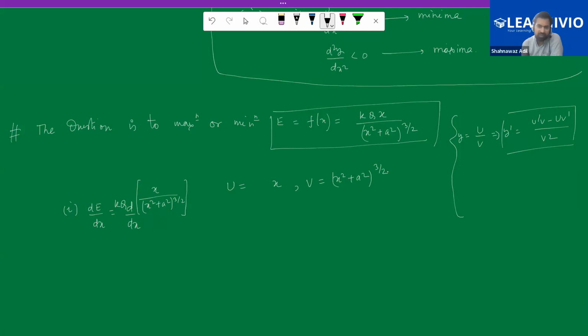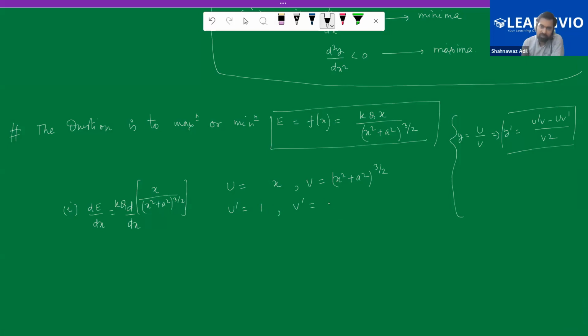Please stop me and ask if you have any doubt, right? So u dash is simply dx by dx, which is 1. What would v dash be? Can you tell?